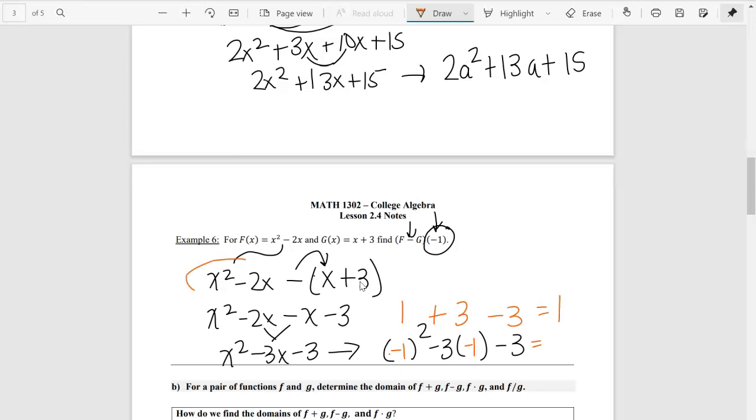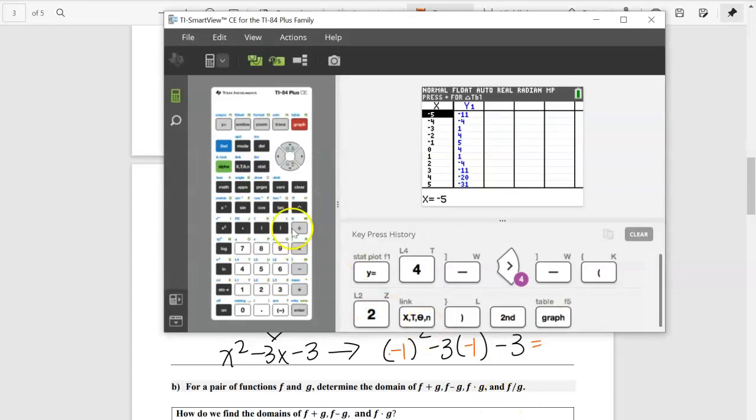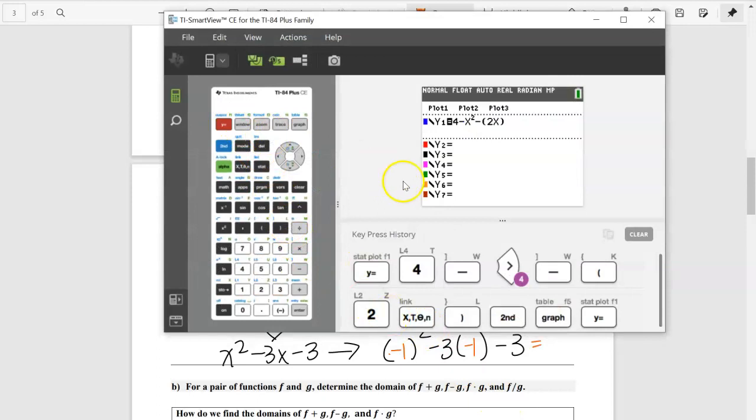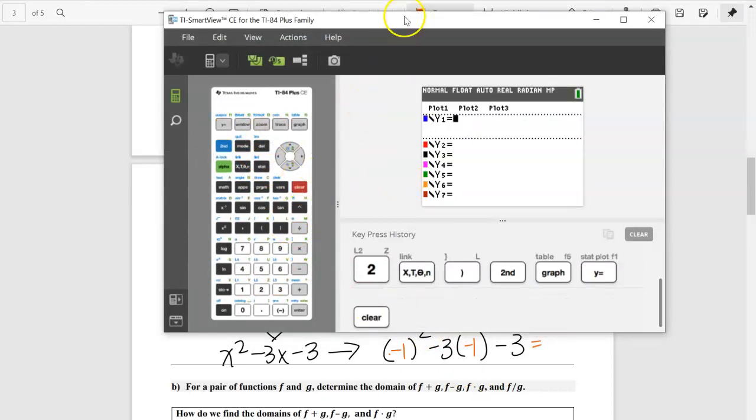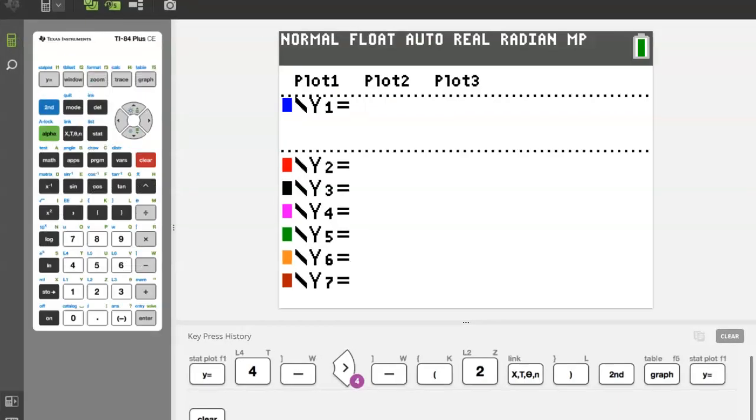Now if we go to our calculator and type in this very first thing, x squared, I'm going to go to y equals, and clear this out. I want to raise this up just a little bit so I can see.